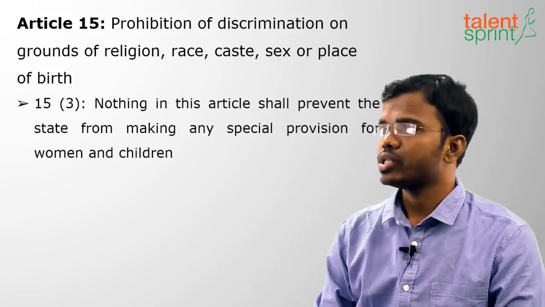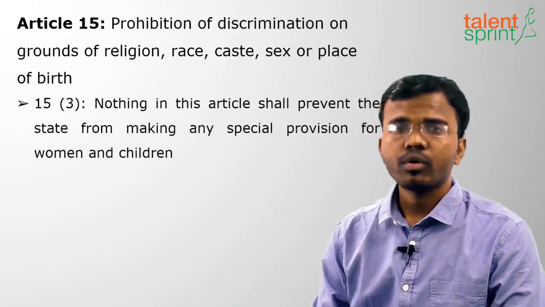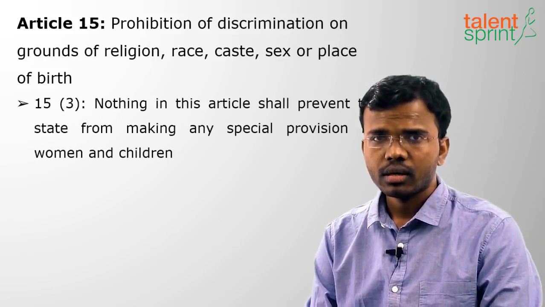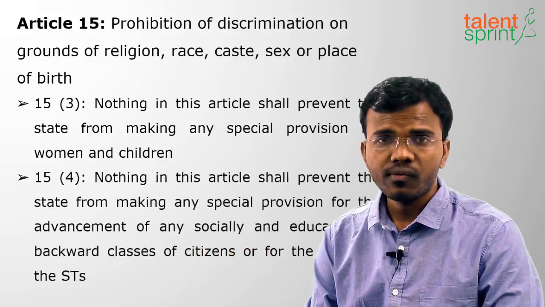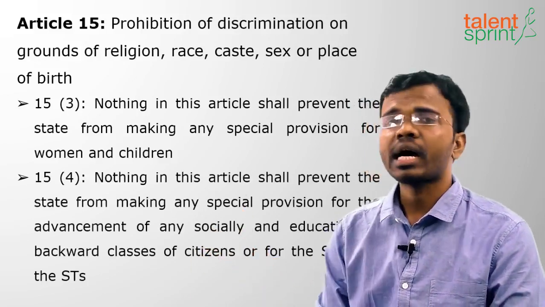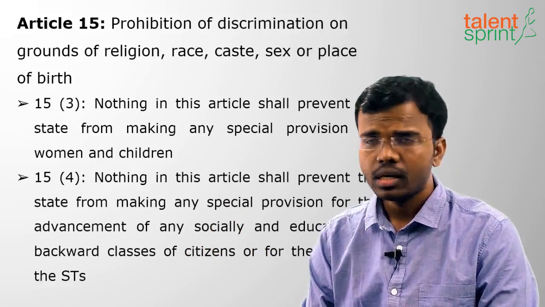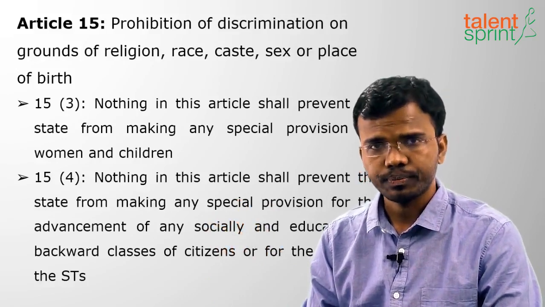There are some special provisions: article 15 clause 3 says special provisions can be given to women and children. This is an exception under 15.3. The next exception is 15.4: there may be special provisions given to backward classes because they are not well developed in the country.